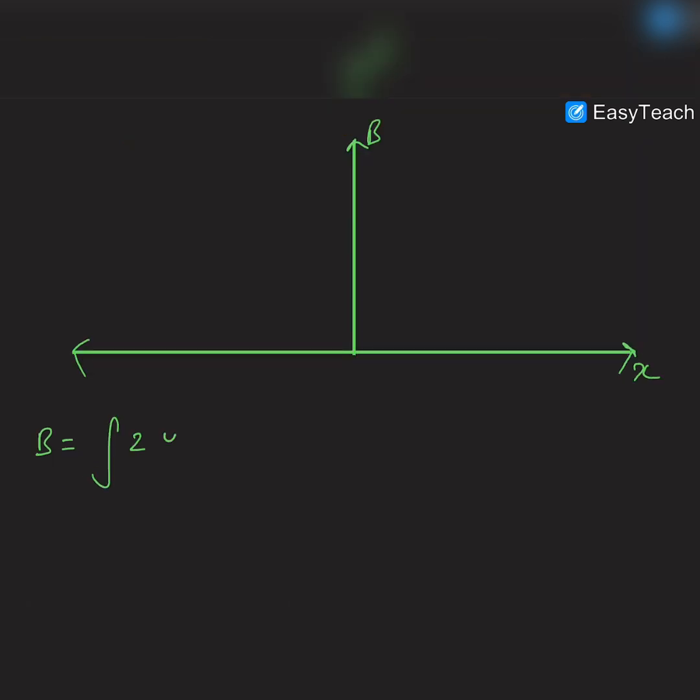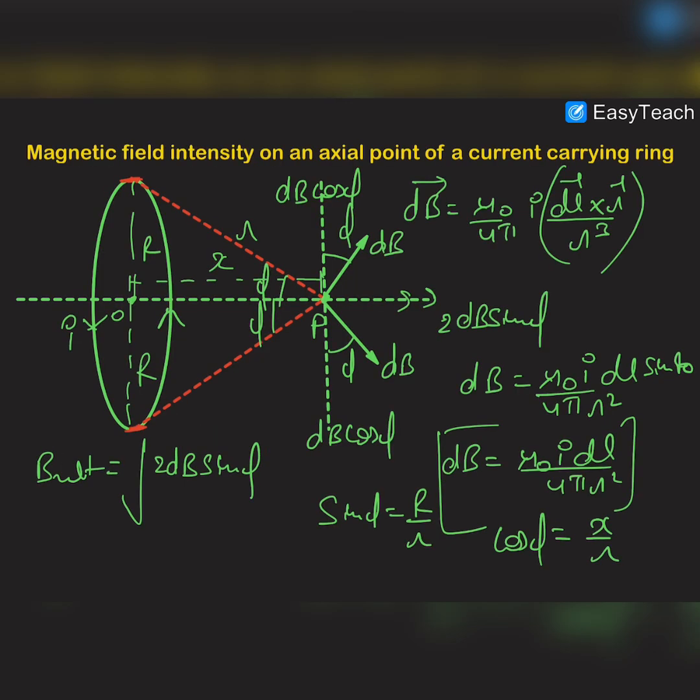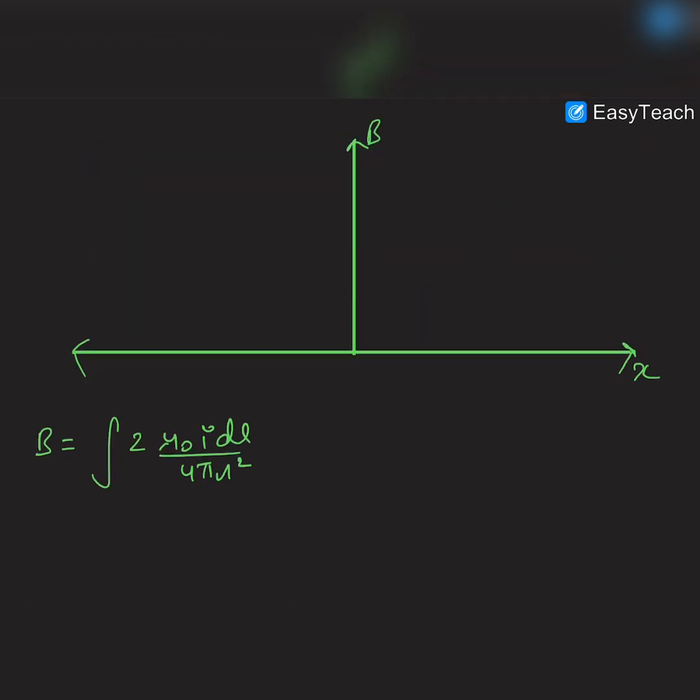So it is mu naught I dl upon 4 pi r square, and sin phi is r by r.